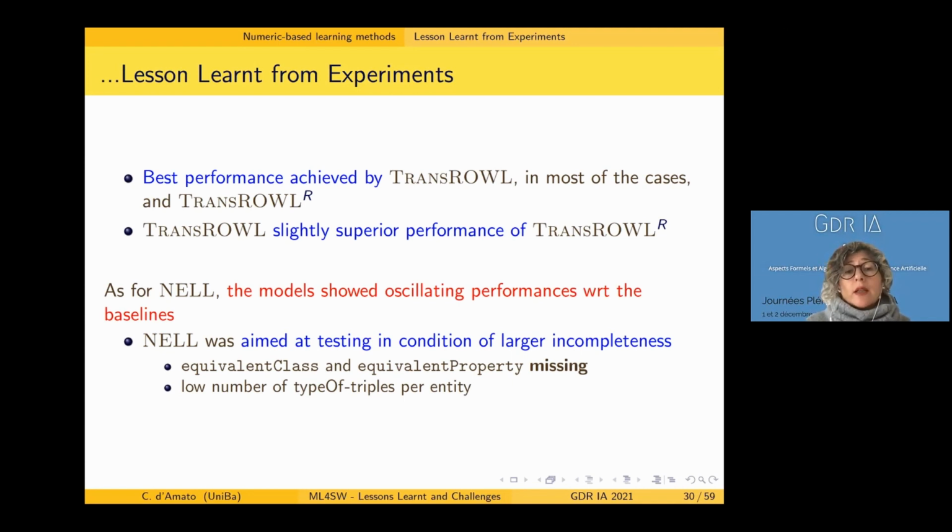Things were slightly different in terms of the results for the case of NELL, which was aimed as a stress test for our models.